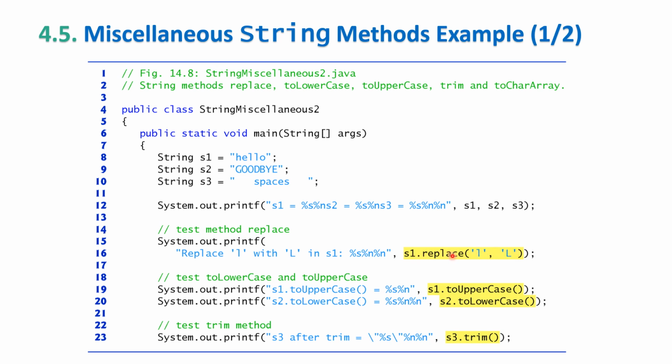So this method will replace all occurrences of the lowercase l character in the string s1 with the capital L. And then it also calls the method toUpperCase on the string object s1, and also calls the toLowerCase method on the string object s2. And then it also calls the trim method on the string object s3. So this call will remove the spaces before and after the word spaces.